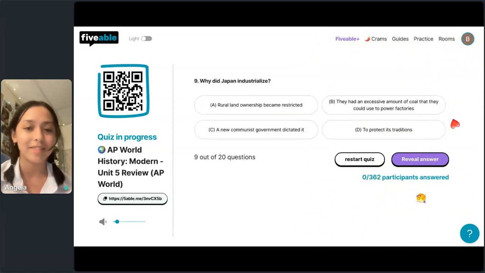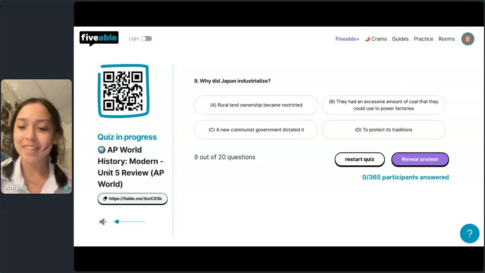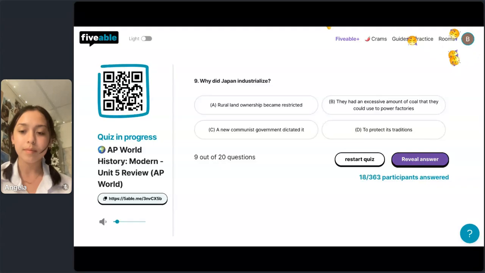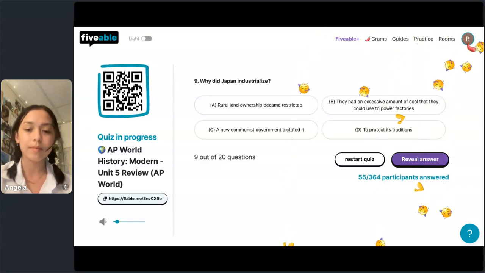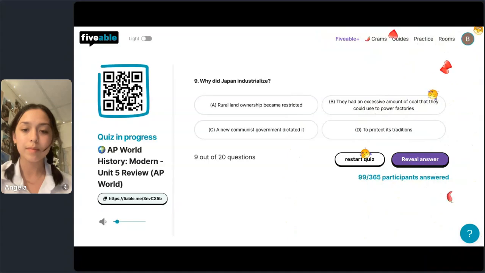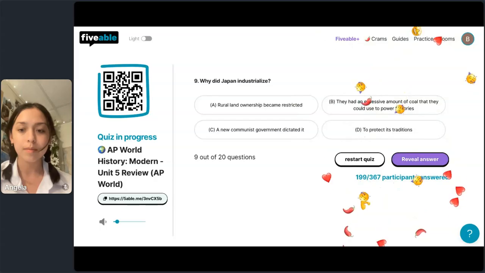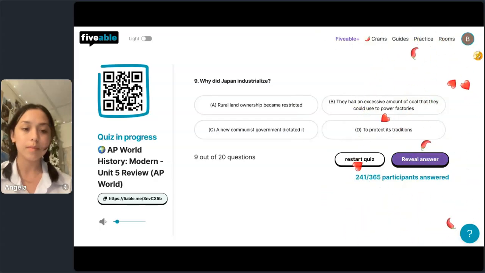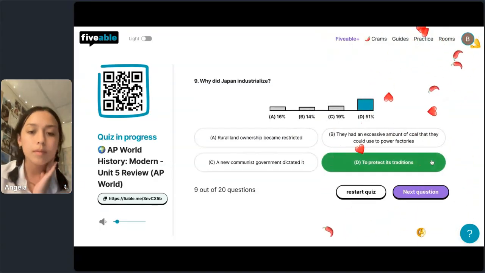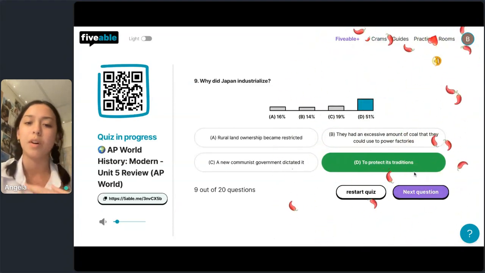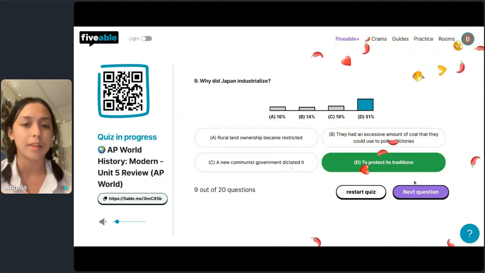Again, back to the Meiji Restoration. You see one of your guys' favorite topics. Yeah, so Japan was also trying to mainly protect their power as a nation on the global stage.